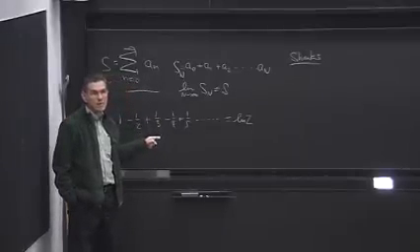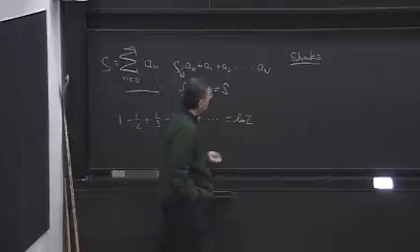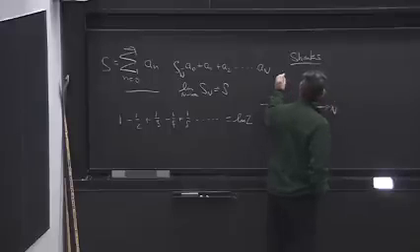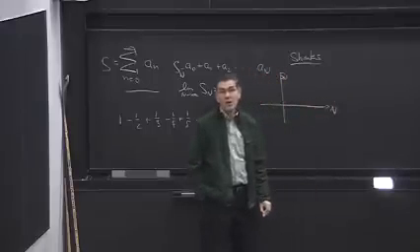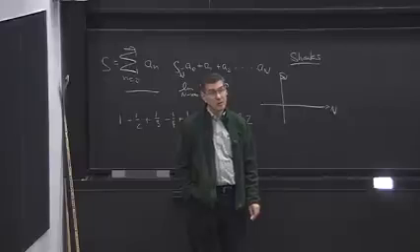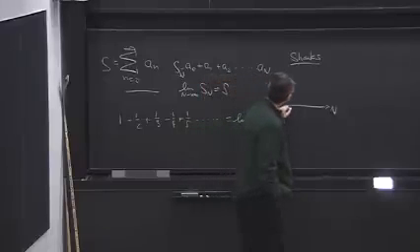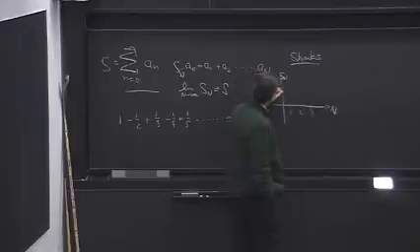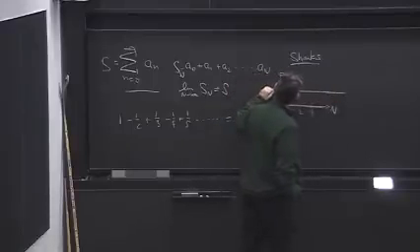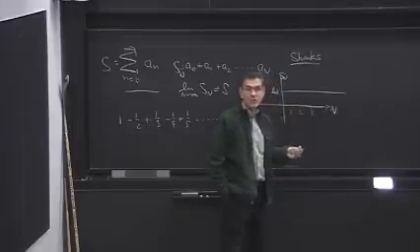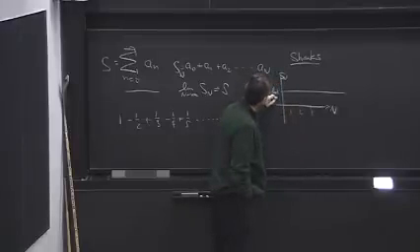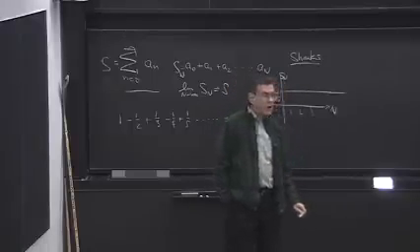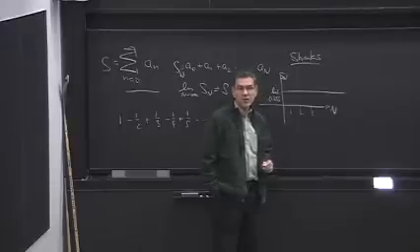Mr. Shanks says, look at the partial sums of this series. How will they behave? If you make a plot of S sub n as a function of n, what will we see? Here's n equals 1, 2, 3. We know that the series is going to converge to the log of 2, which is 0.693.